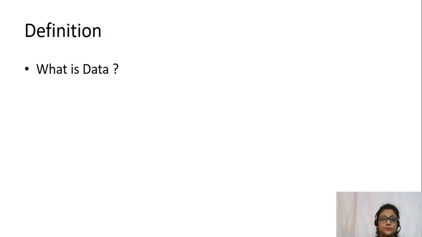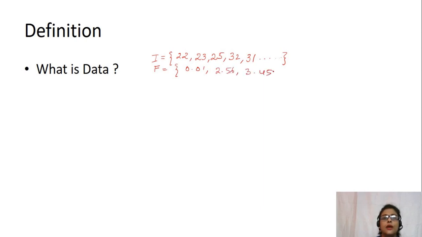For example, let's say it is an integer data set consisting of various values: 22, 23, 25, 32, 31, etc. And at the same time, we can also have a fractional data set like 0.01, 2.56, 3.45, etc.